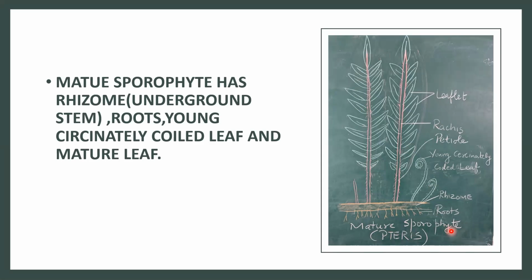So the prothallus bears sex organs and then the young sporophyte, leading to the mature sporophyte. The mature sporophyte will again bear groups of sporangia, reproducing by the formation of spores. This is also called alternation of generations, because the prothallus morphology is different from the mature sporophyte. So this is also called the heteromorphic type of alternation of generations.